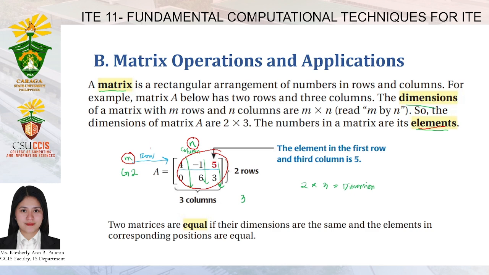For example, this matrix has a dimension of 2 by 3, since we have 2 rows and 3 columns. This is the row or M, and this is the N, the column. Two matrices are equal if their dimensions are the same and the elements in corresponding positions are equal.